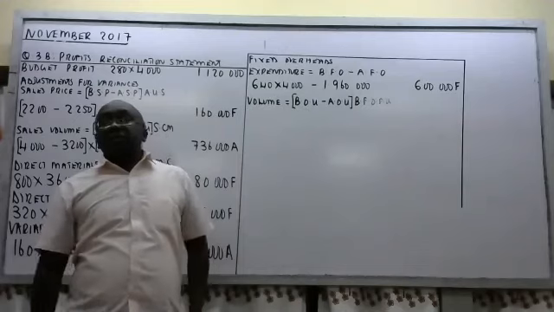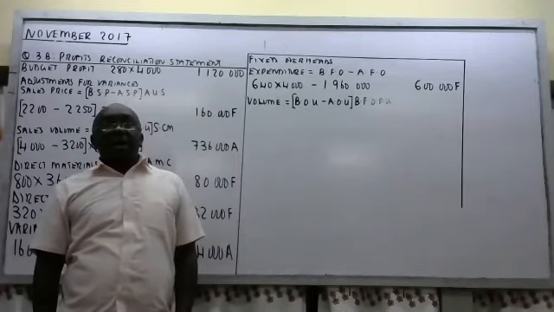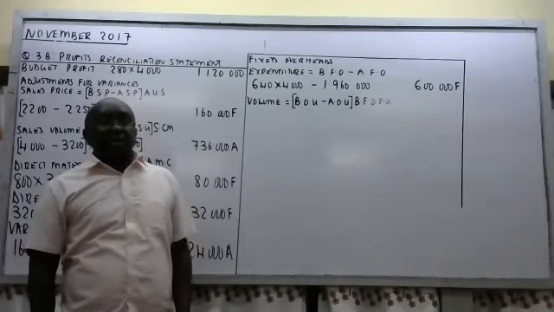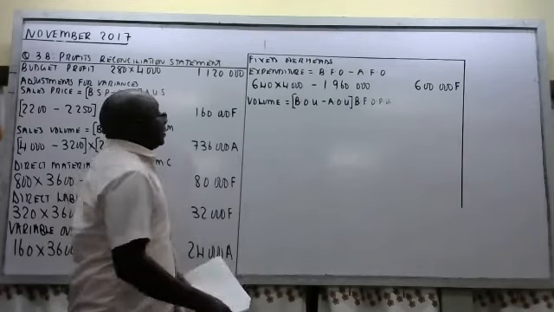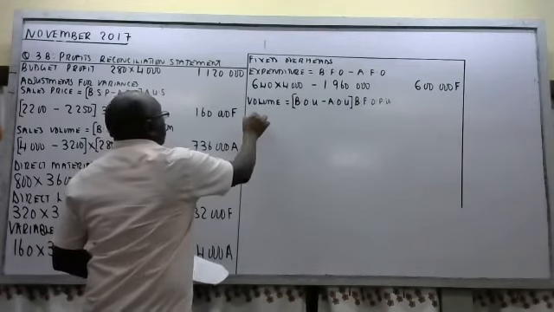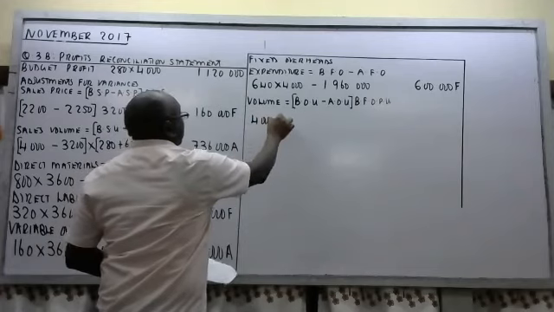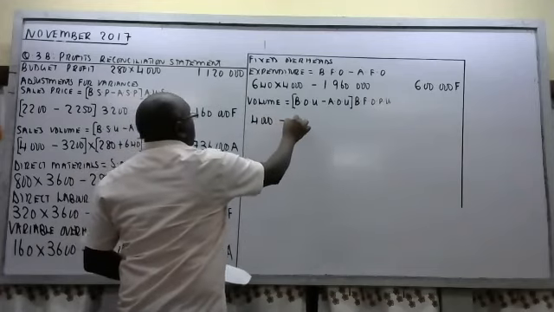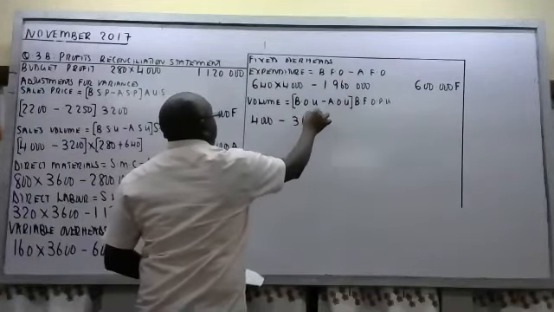Budget fixed overheads per unit. Now, we budgeted to produce 4,000, but we actually produced 3,600.